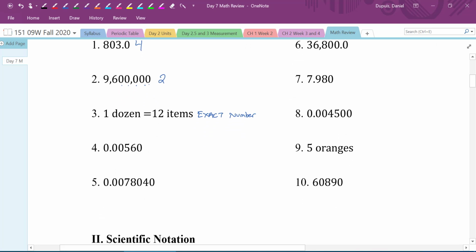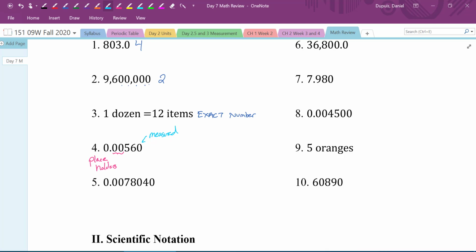Number 4. All right, these first 2 zeros are placeholders, right? Because if I take one of those away, they change the order of magnitude. This last one is measured, right? Because your calculator would just give you 0.0056.